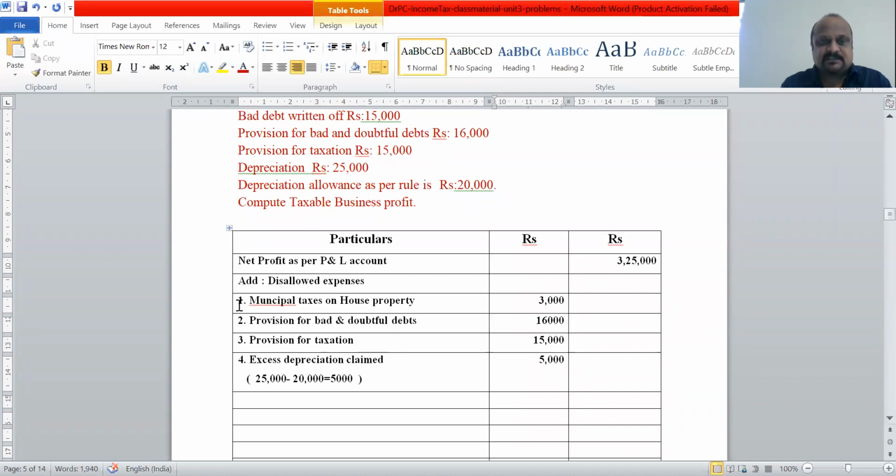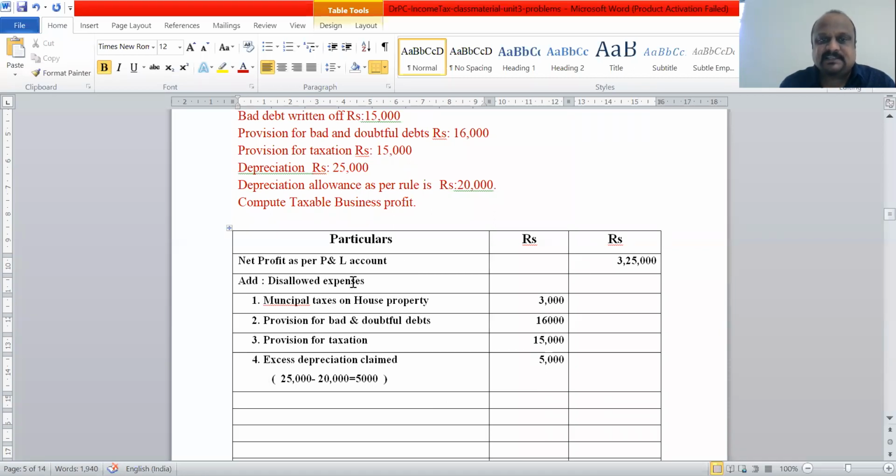So this is the format. We have to first consider net profits as per the P&L account, whatever is given there.